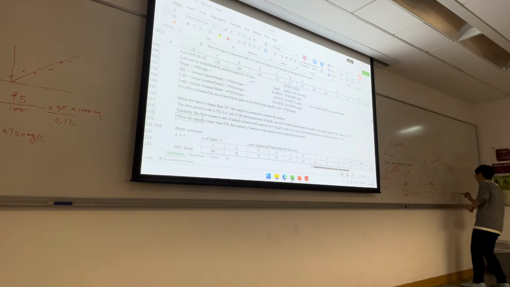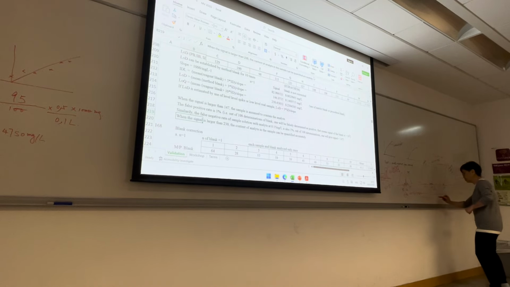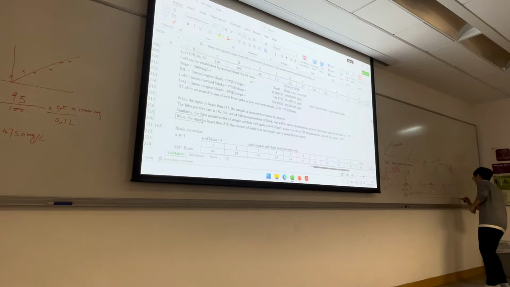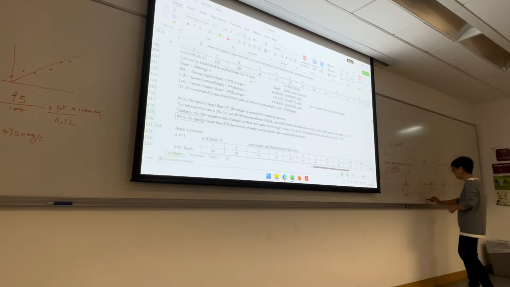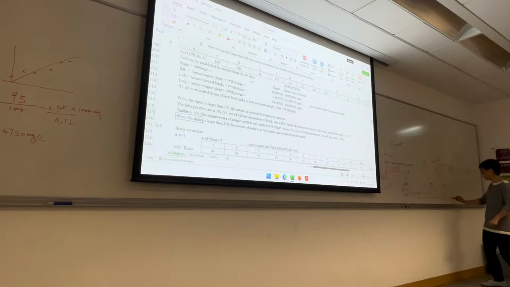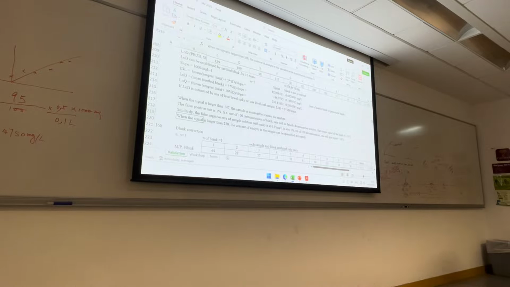This is the signal, increasing signal, and this is increasing concentration. So here the concentration is 1.15. Here the concentration is 0. Here the concentration will be at the 0.25, 0.23. Okay?